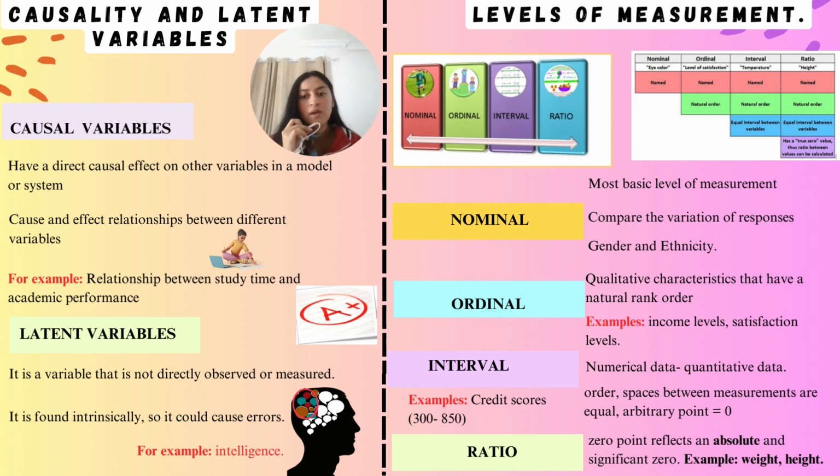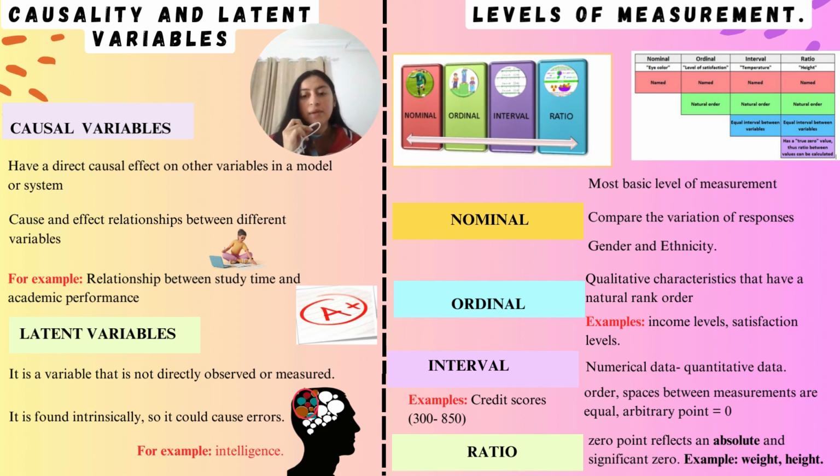For example, if we are investigating the relationship between study time and students' academic performance, we might consider study time as a causal variable. In this case, it is assumed that the time spent studying has a direct impact on academic performance.